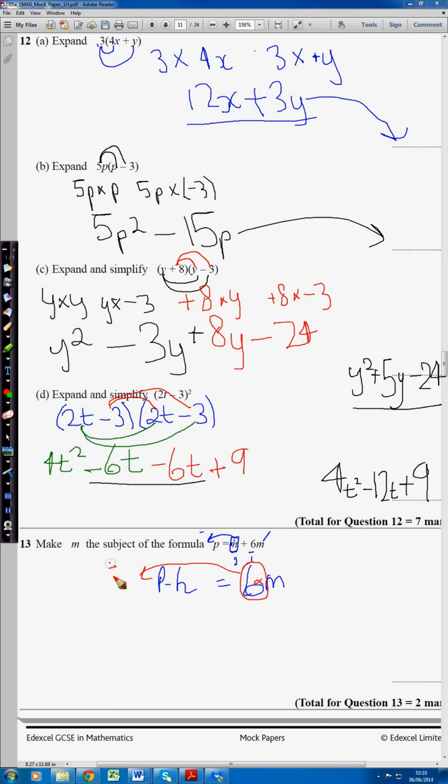So we have now p minus h, as all of that divided by 6 will give you the m. And this you can copy over here in the exam.